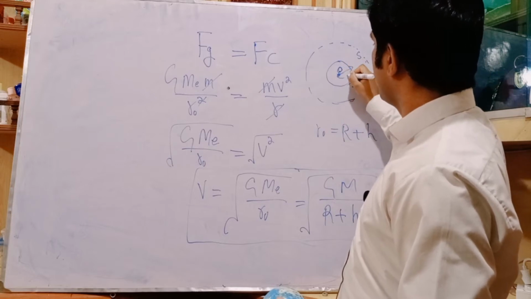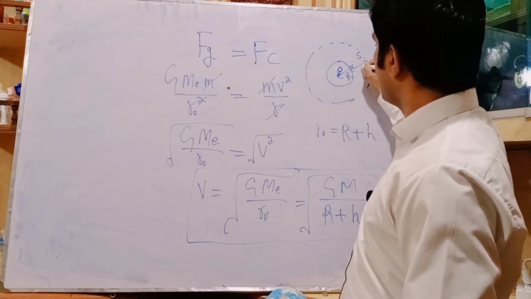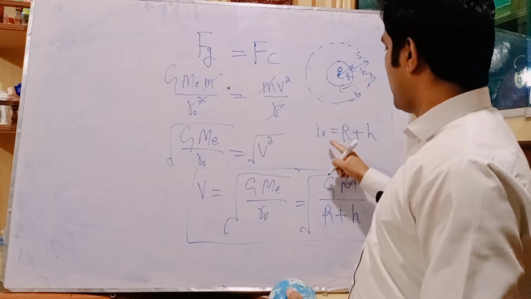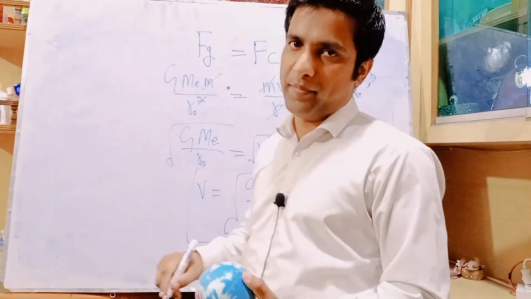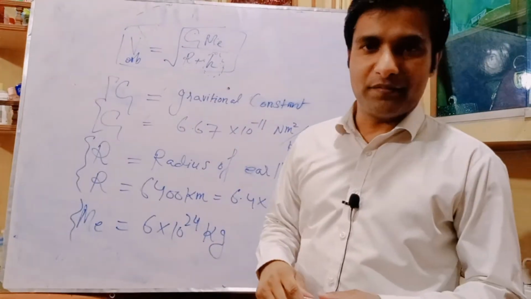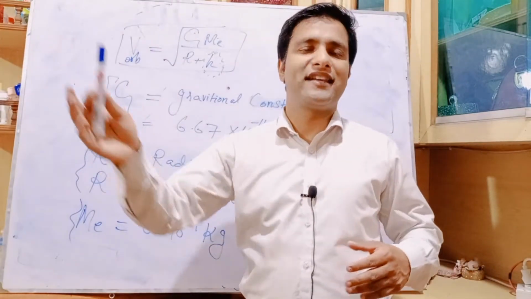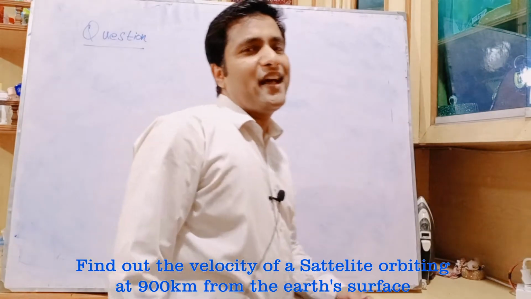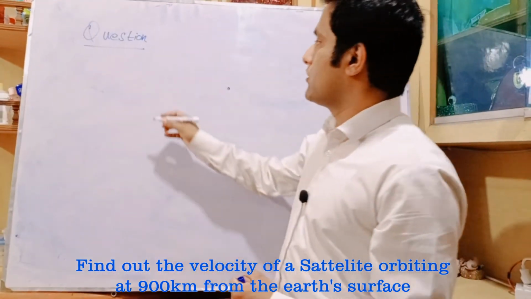This distance is the radius of the Earth and this is the height. The total distance is r naught. So r naught is the sum of capital R plus h. This height is not fixed because your satellite can be anywhere. It can be near to the Earth and it can be far away from the Earth.